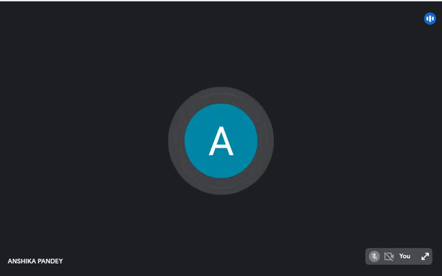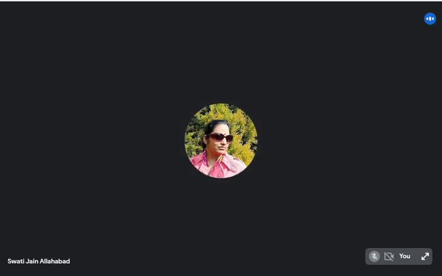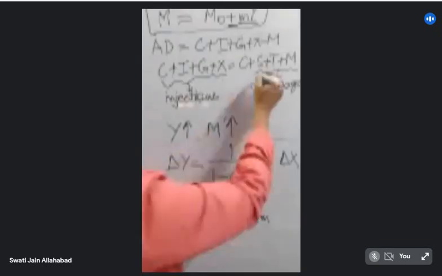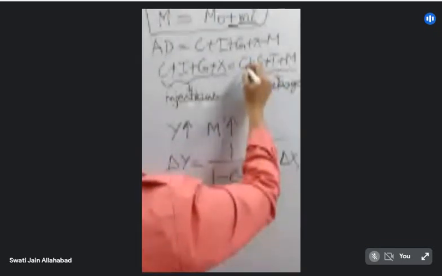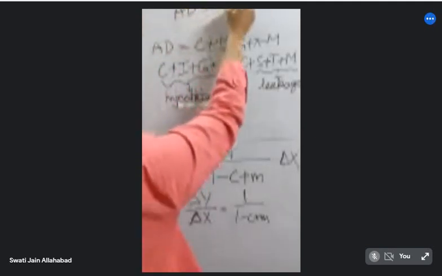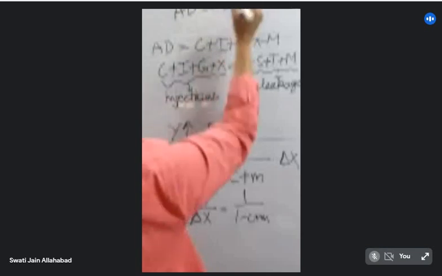Ma'am, in injections there is a consumption function, and in leakages too there is C. So I'm confused whether it is injection or leakage. See, when I'm pointing out the leakages, I am excluding C here. Also understand this: for the equilibrium of the economy, aggregate demand should be equal to aggregate supply.